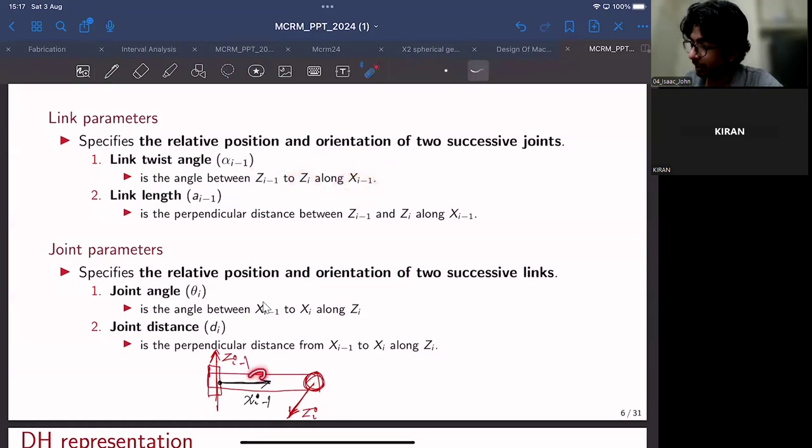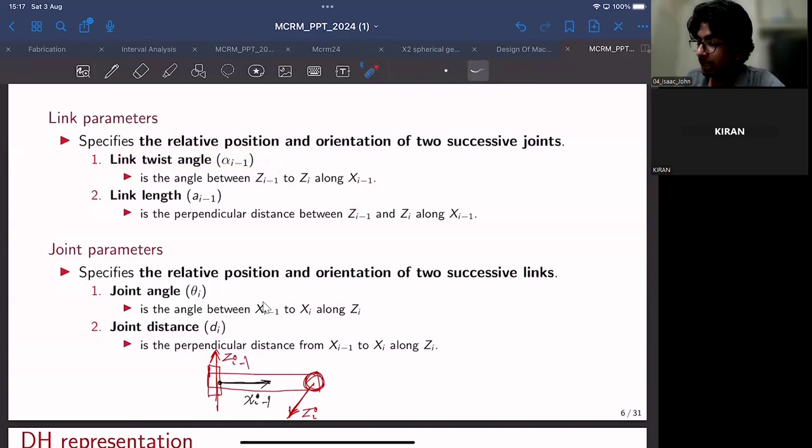So if you rotate 90 degrees about xi minus 1, zi minus 1 will be aligned with zi. That is what we call the link twist angle, which takes care of the relative orientation.